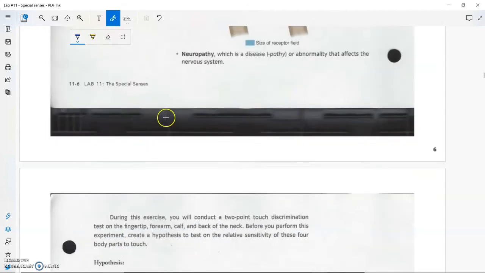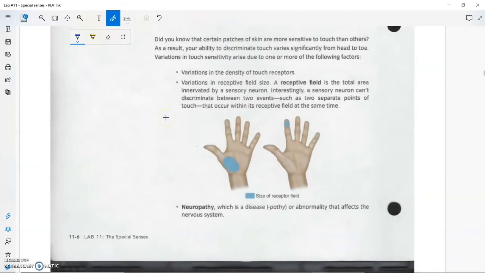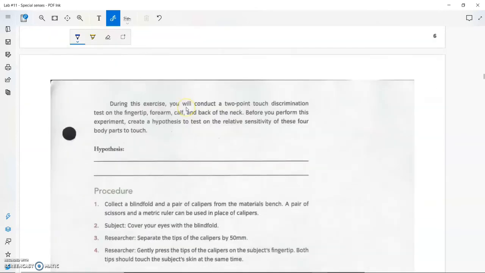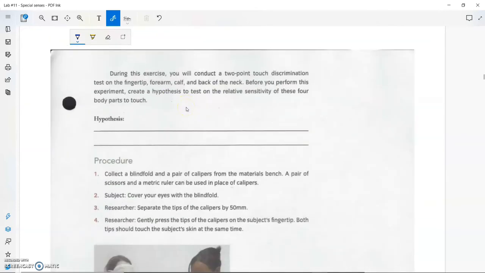You have to appreciate that if the density of the receptors is really high, then each receptor will cover a very small area, and you will be able to discriminate between two mechanical stimuli on the skin much better. Our hypothesis will be that the highest density of sensory receptors will be found on the fingers.